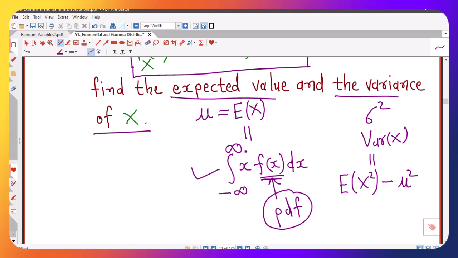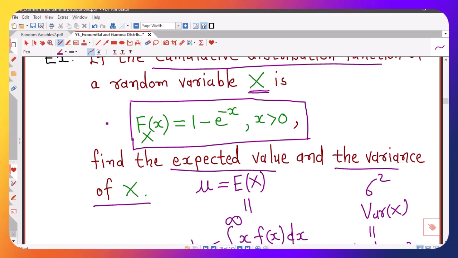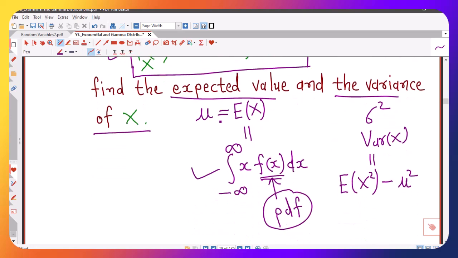But here PDF is not given, we are given the cumulative distribution function. So what we can do is, we know that if we want to find out PDF of a continuous random variable from its CDF, then we have to differentiate CDF with respect to x, and we will obtain our density function denoted by f(x).